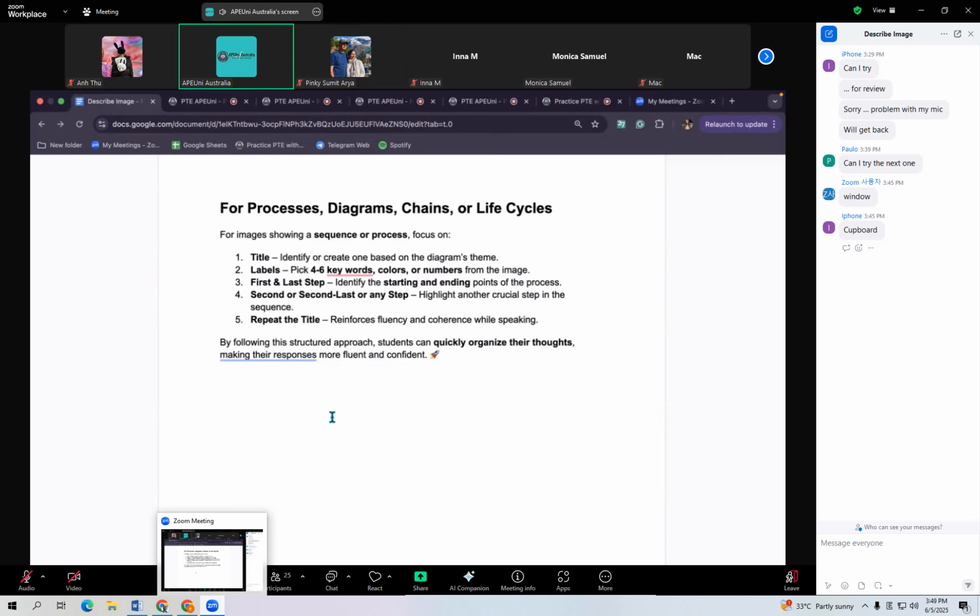All right. So no worries, everybody. Process diagrams, chains, and life cycles are always images where you're going to see multiple things happening at the same time. One person is doing that, another person is doing this. There are different departments. Step number 1, step number 2, arrow, arrow, arrow. A small frog becomes a tadpole, then an adult frog, then the big frog, then it's laying eggs, and from the eggs again a tadpole.